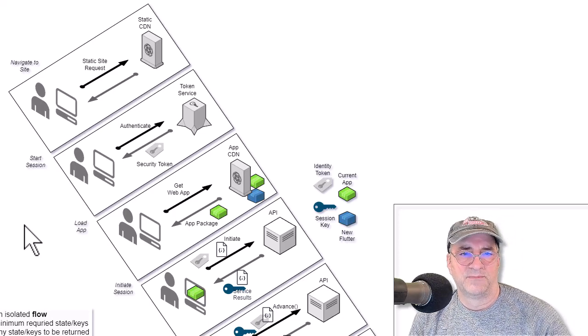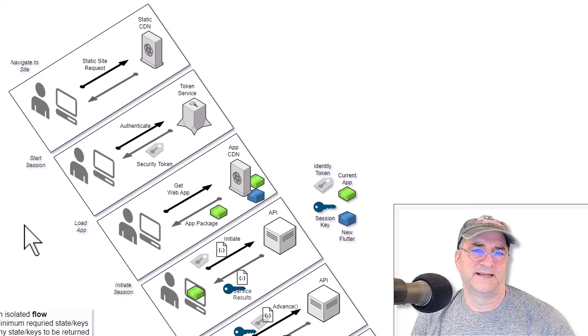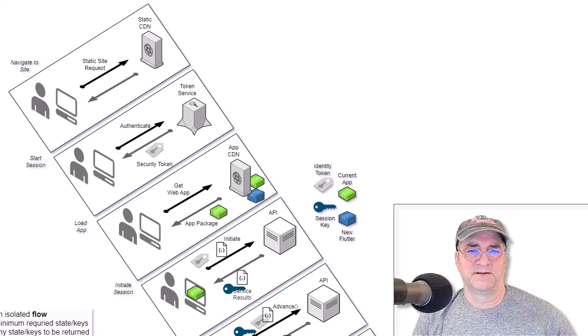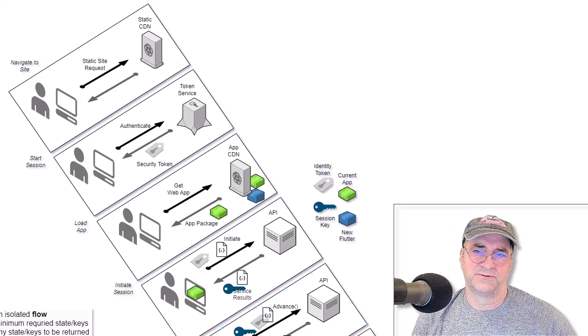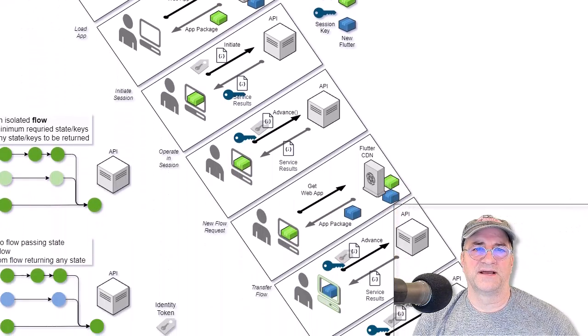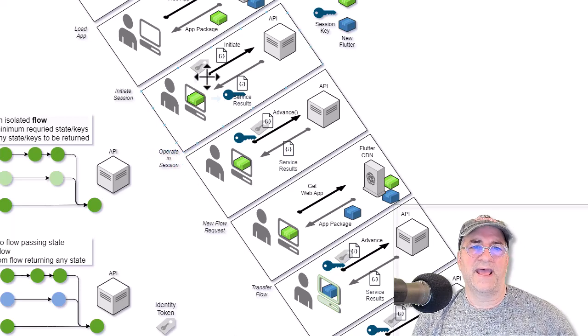And so we go and get the web app from the CDN and we get an app package back, and then that puts us in the bottom frame on this screen right now that's a full screen, and the user basically goes to initiate a session. You know what, let me scroll this one up a little farther. So at this point they've got the green app, the React app loaded, and they go to initiate a session in an application.